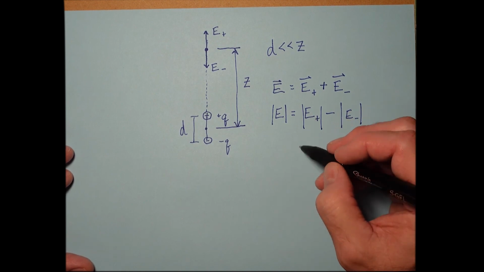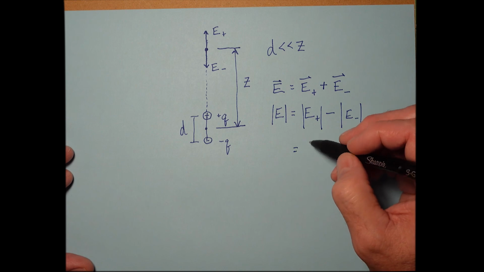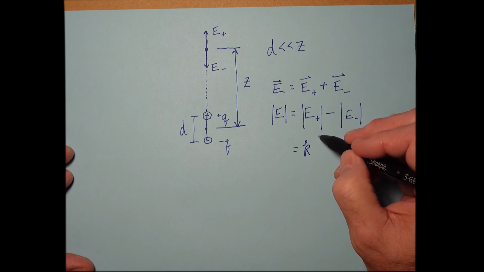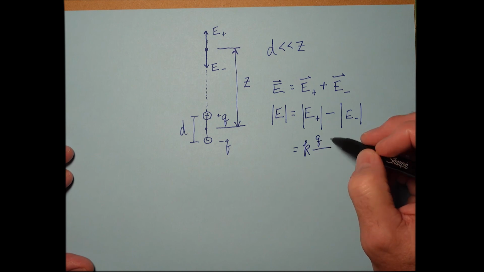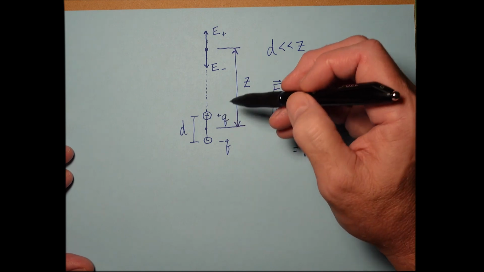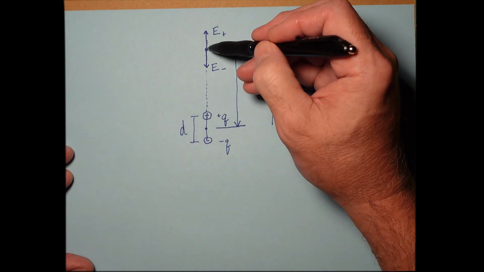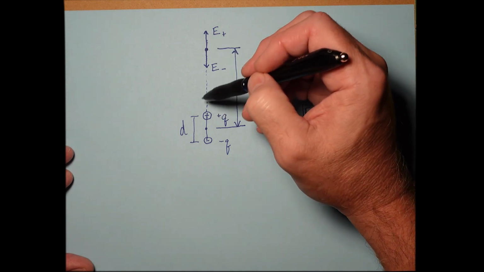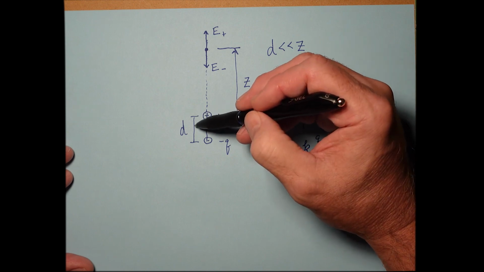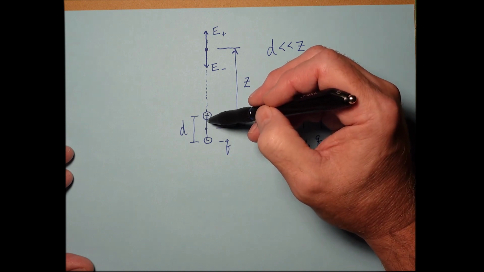All right, well, let's use Coulomb's Law. This is K Q over the distance to the positive charge. Now, we need to work here. The distance to the positive charge from that point is going to be Z minus D over 2.